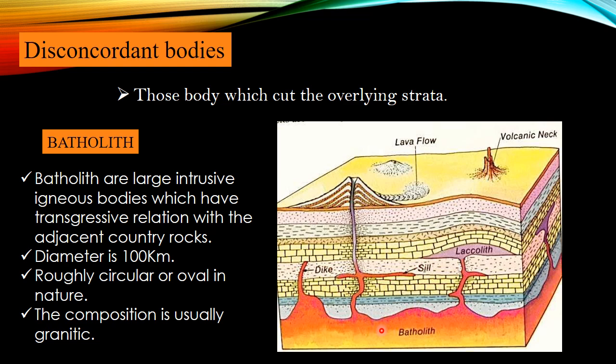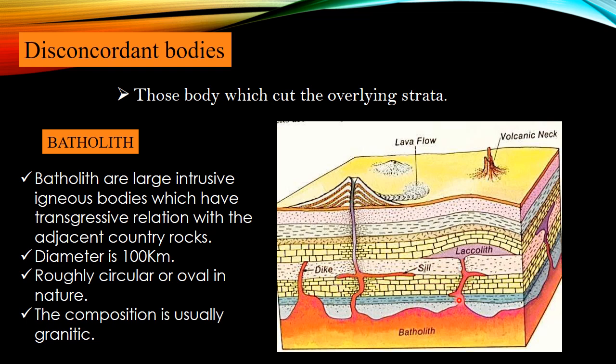We can see in this image, this is a huge rock formation, or the accumulation of the magma beneath the earth's surface, which cuts the overlying strata. We can see this is the formation of a huge amount of magma. This is a batholithic body, and it cuts the rock surface or rock strata.